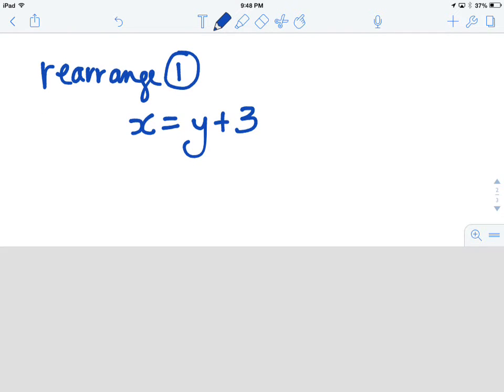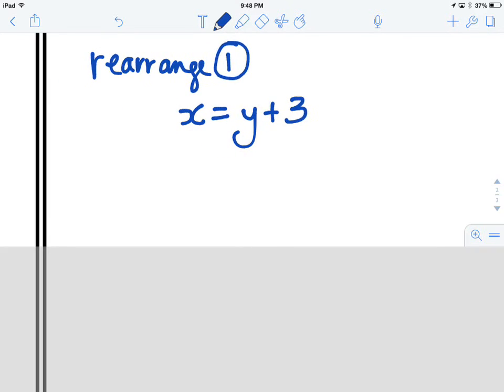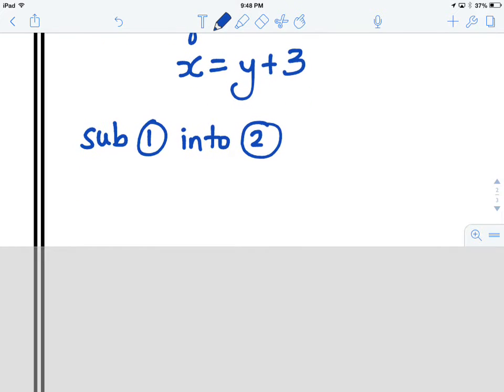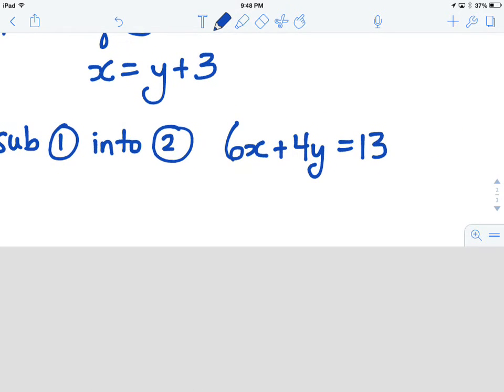So here it is. And now that we've rearranged 1, we're going to substitute equation 1 into equation 2. Okay? So here's equation 2. We get 6x plus 4y is equal to 13. Okay, so this is equation 2, just as it's written.